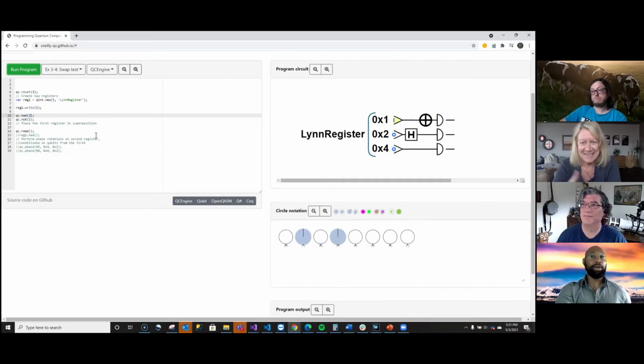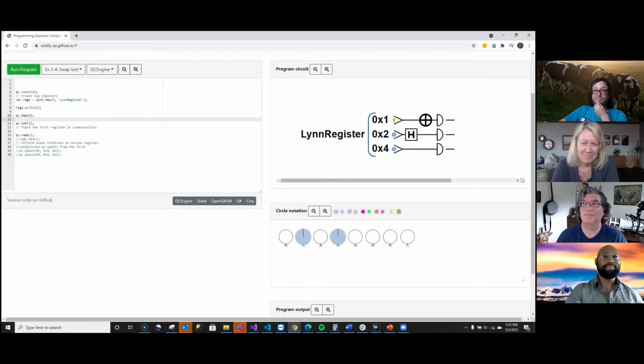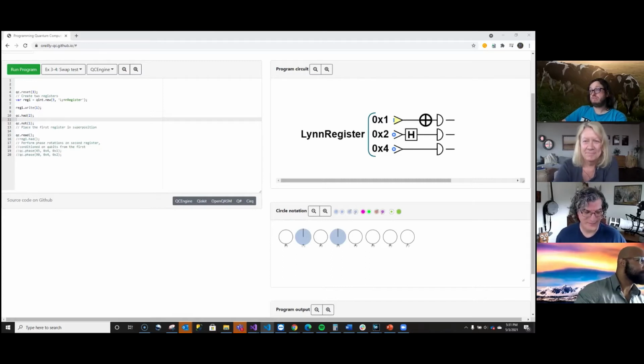Perfect. Now we can even be a little bit more adventurous. You know, us developers, we love the adventure. So let's look at my code examples. Perfect.